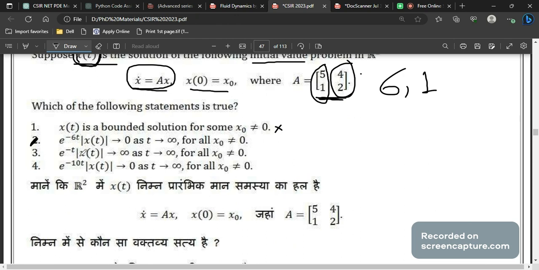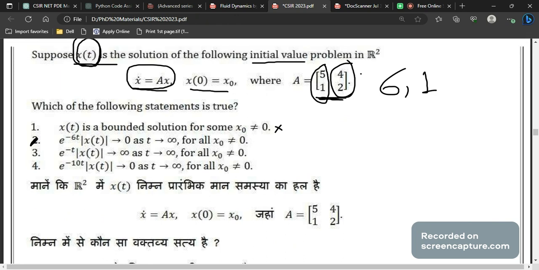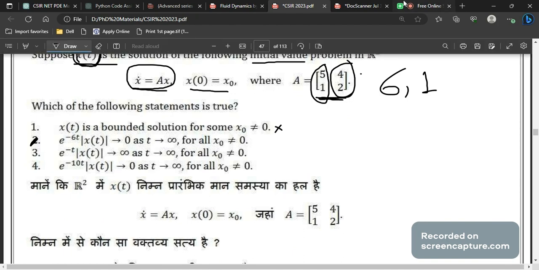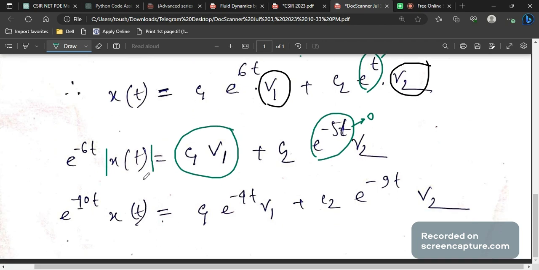Now option 3 says e to the power minus t times the norm of x(t), does it tend to infinity? The fourth option says e to the power minus 10t times the norm of x(t), does it tend to 0? Let's see. e to the power minus 10t times the norm of x(t) will look like this: c1 e to the power 6t times e to the power minus 10t is e to the power minus 4t, times v1 plus c2 e to the power minus 9t times v2.